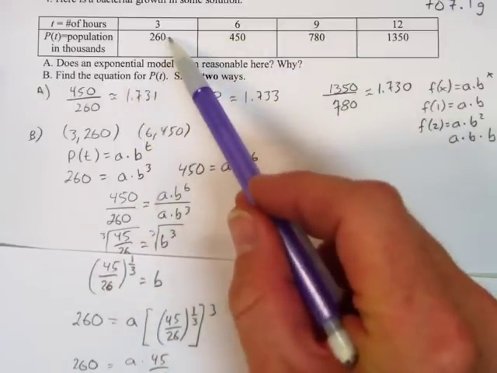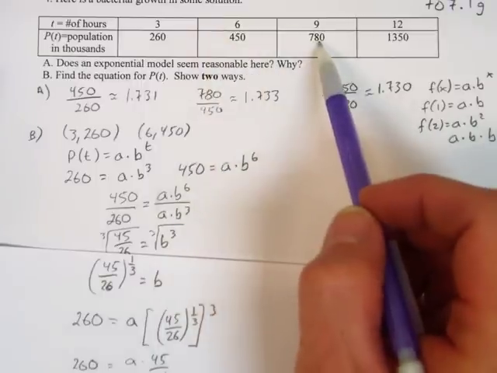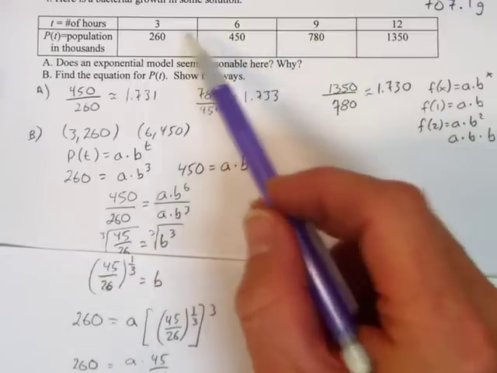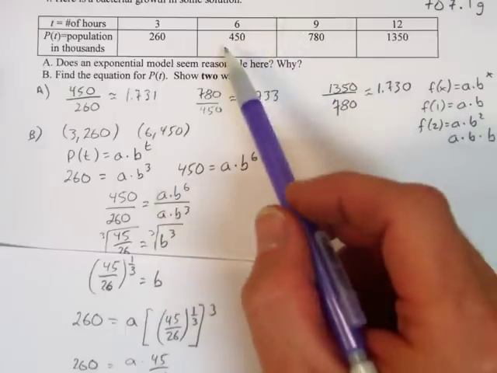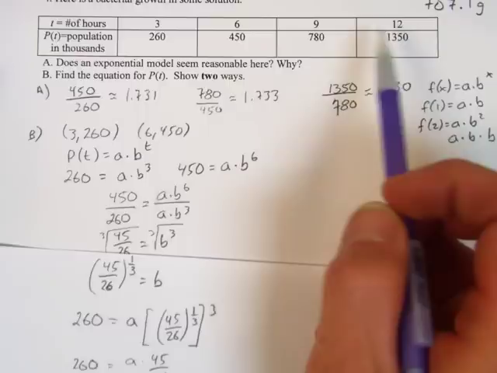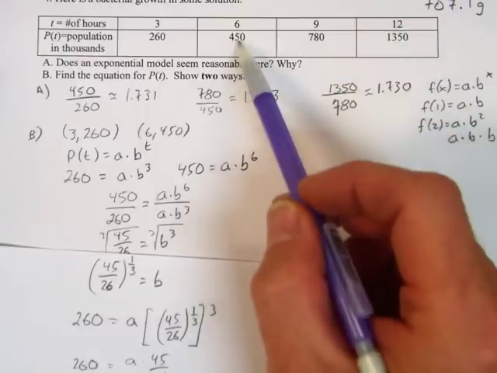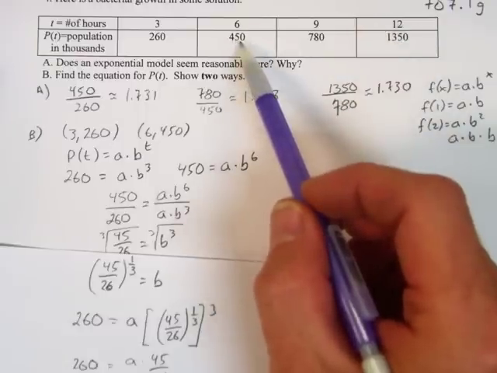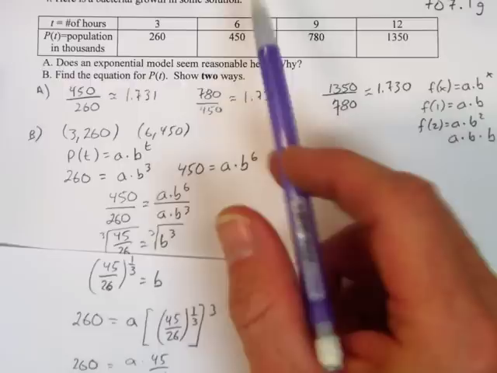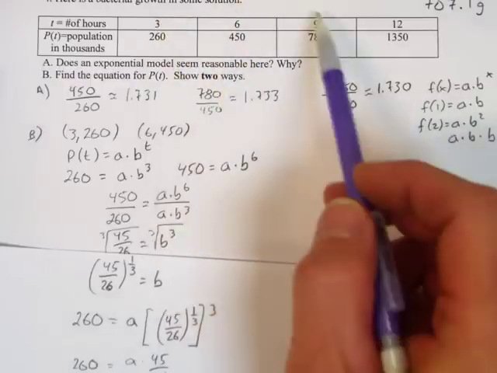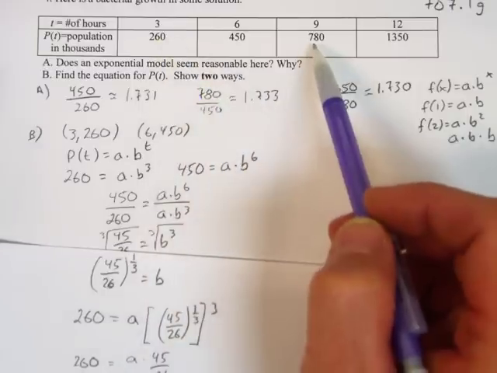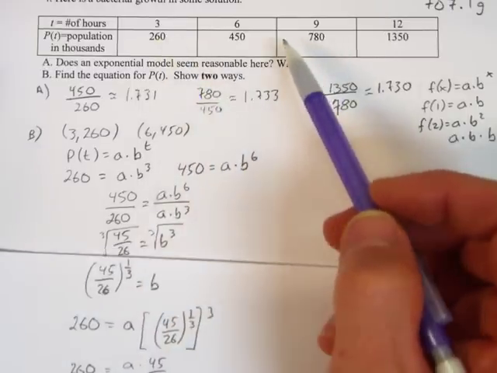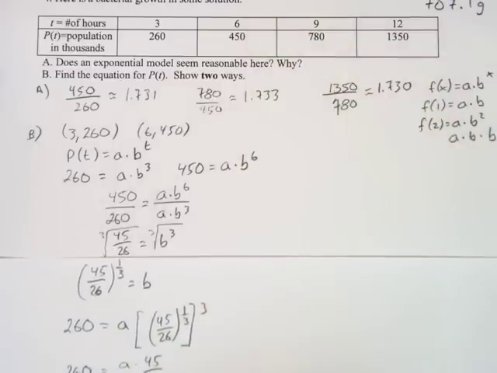We have 260, and over here 780. What's 780 divided by 260? It's 3. What's 1350 divided by 450? It's also 3. So in other words, when we increase by 6 hours, the population is going to triple, which sounds a lot like the half-life problem.